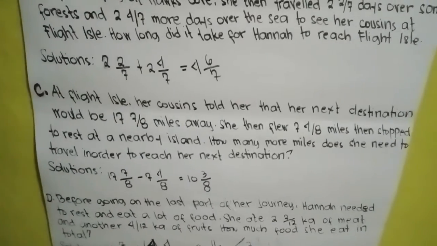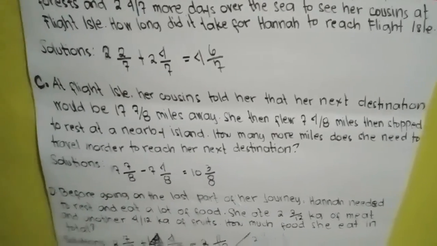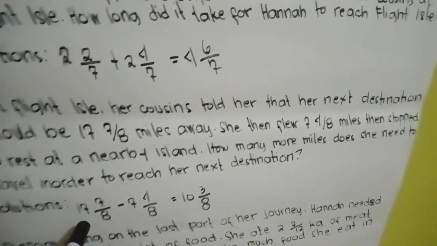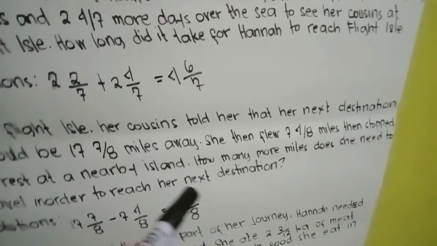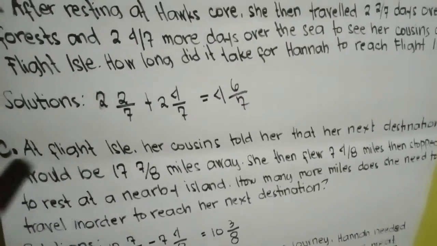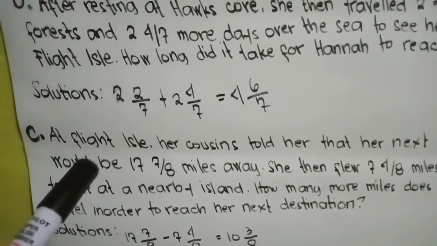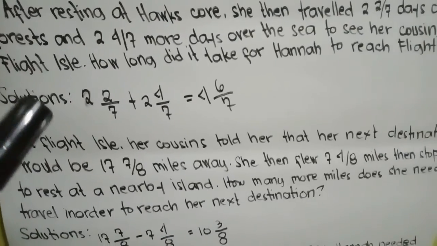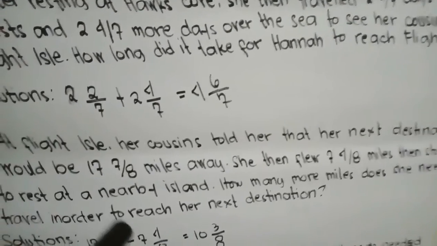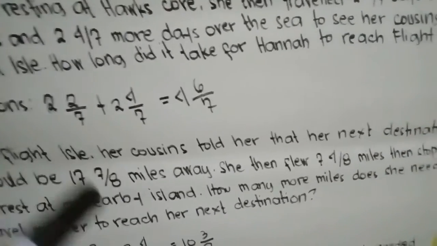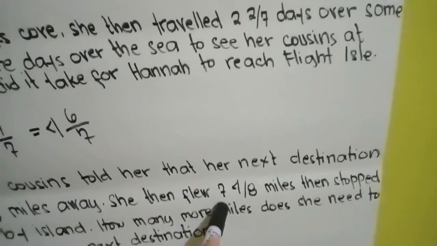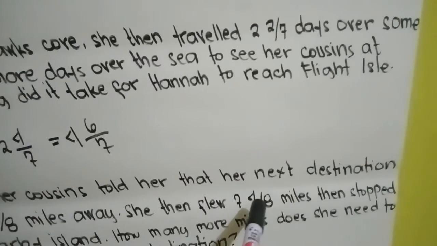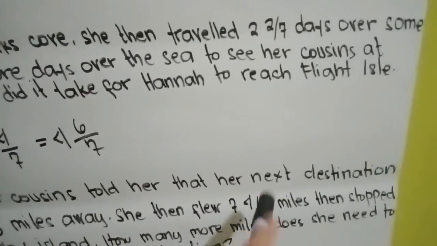So, ang gagamitin natin dito is subtraction. Since ang layo ng destination is 17 and 7 over 8 miles away. At saka ang kanyang nalipad is 7 and 4 over 8 miles away.